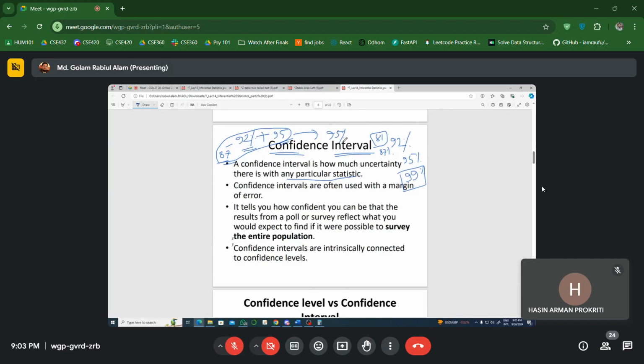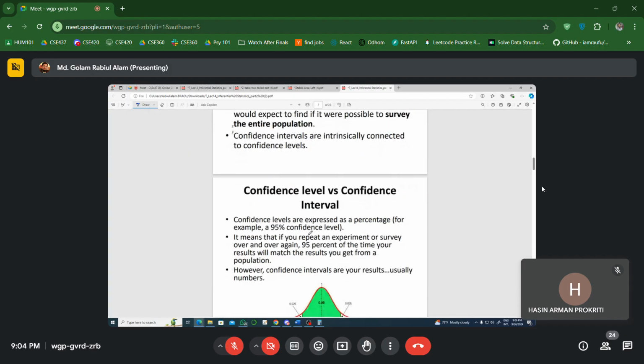So this is your significance level. But maybe 1% or 2% of the time you will get 81% or maybe 99%. So if we define our confidence interval, then we have to state our significance level also, that means the 95% of the time or something.